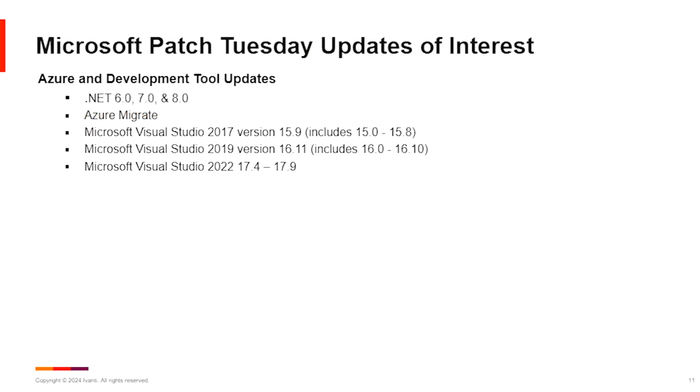All right, on the Microsoft side again, different Azure and development tool updates occurred this month. .NET 6, 7, and 8 did receive updates. Azure Migrate, and then also multiple versions of Visual Studio were updated. So most of you are probably not responsible for updating these components as it gets more into the development side of the organization.